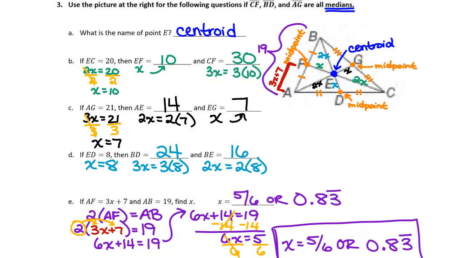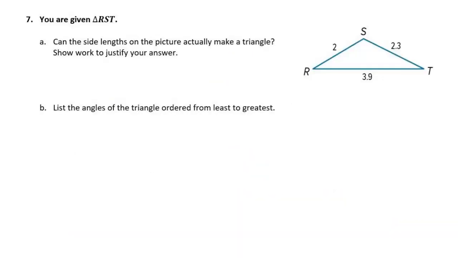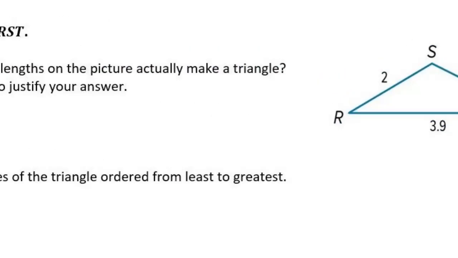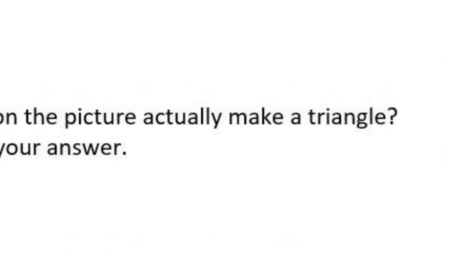Number 7, and then I'll open it up and take other requests. The first part of number 7, part A, this is something that we did at the very beginning of this module.